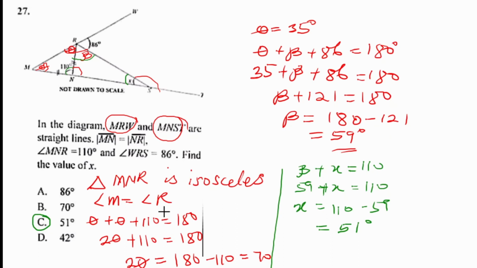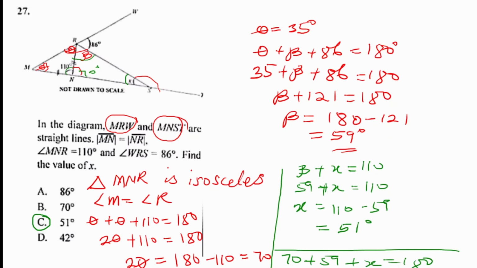For those who want to use the angle sum theorem, they are going to find this angle here, which is on a straight line with the 110 degrees. So that means here will be 70 degrees, 180 minus 110. When you add the two, they should give you 180. So we just add the three of them. 70 plus beta, which is 59, plus x should be equal to 180 degrees.